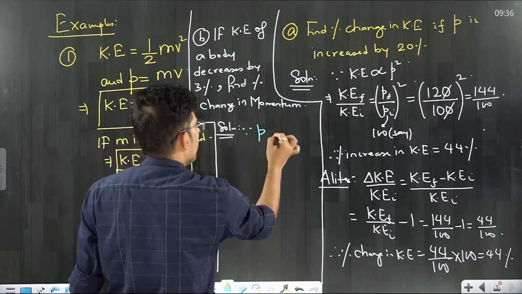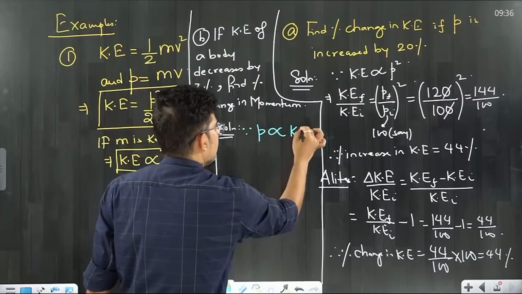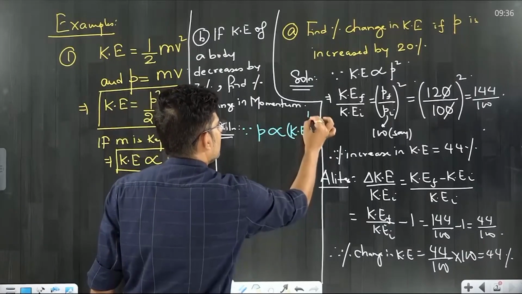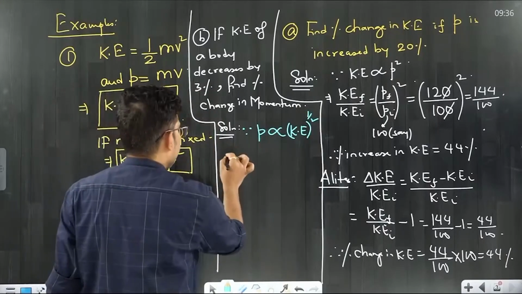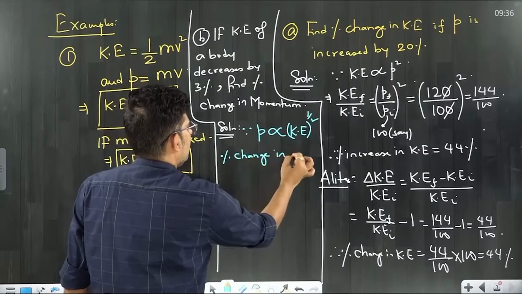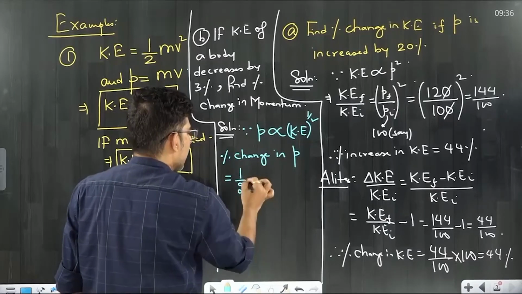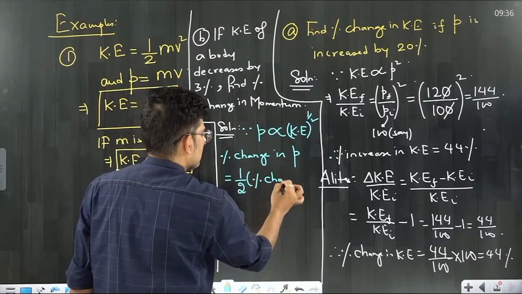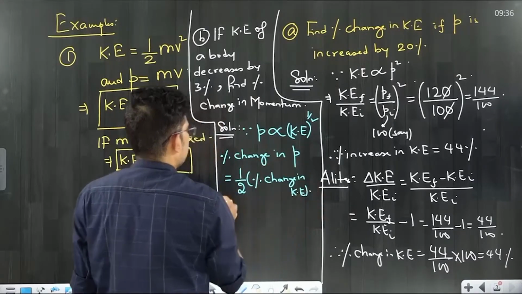Can we say momentum is proportional to root KE, that is kinetic energy to the power 1 by 2? So what will I say? Directly, without any discussion, percentage change in momentum is equal to, just multiply the power, half, percentage change in kinetic energy, because it was a small change.